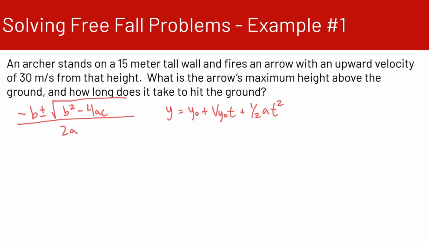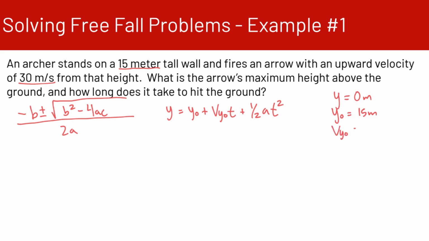Okay, if we plug our known information into this equation, we have 15 meters, that's our y naught. We have our initial velocity, that's 30 meters per second. And then we have, of course, our acceleration. So we have y is 0. Y naught is equal to 15 meters.